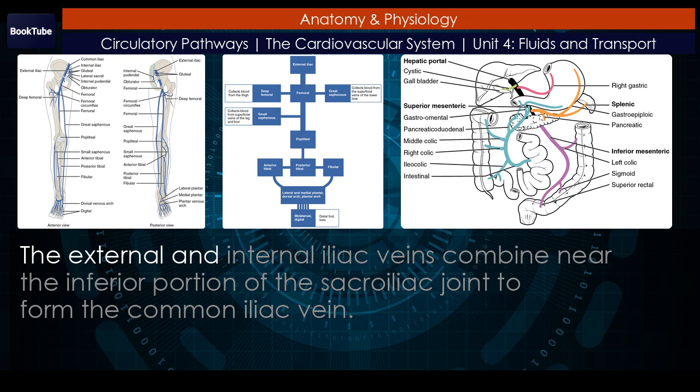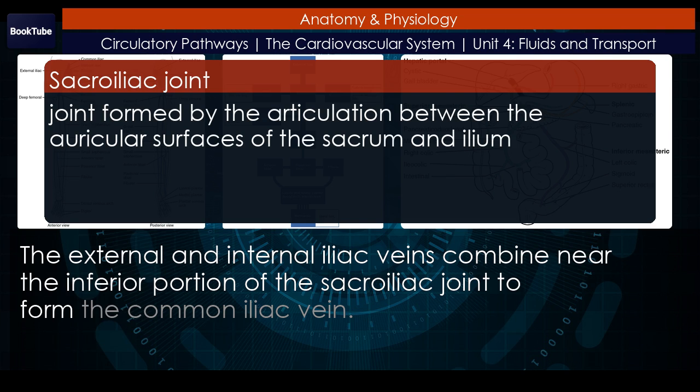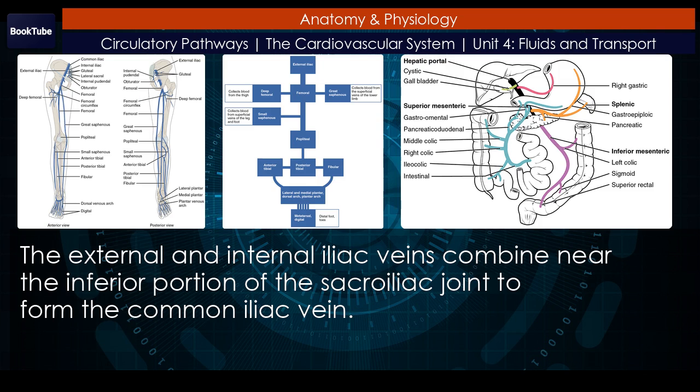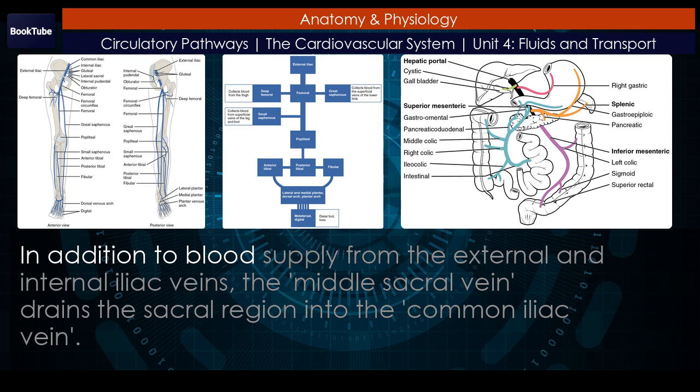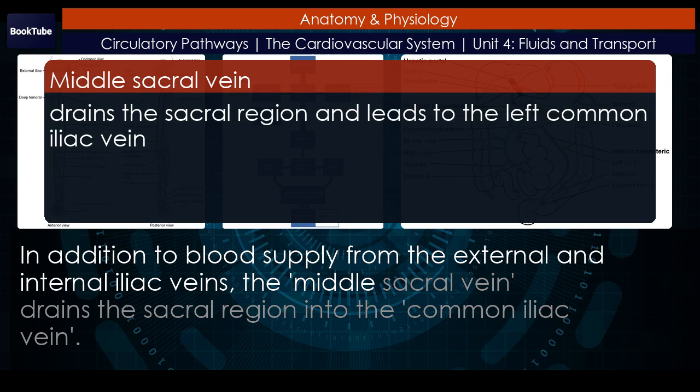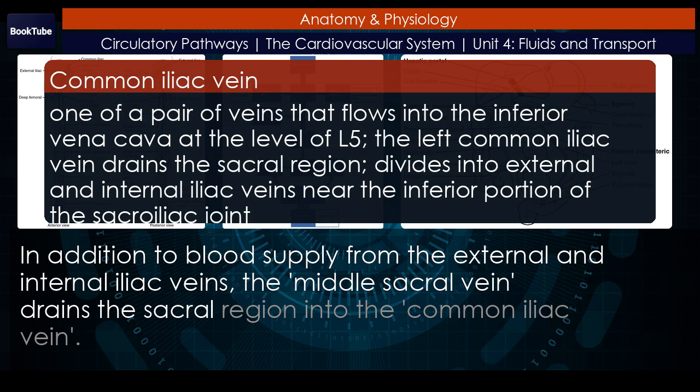The external and internal iliac veins combine near the inferior portion of the sacroiliac joint to form the common iliac vein. In addition to blood supply from the external and internal iliac veins, the middle sacral vein drains the sacral region into the common iliac vein.